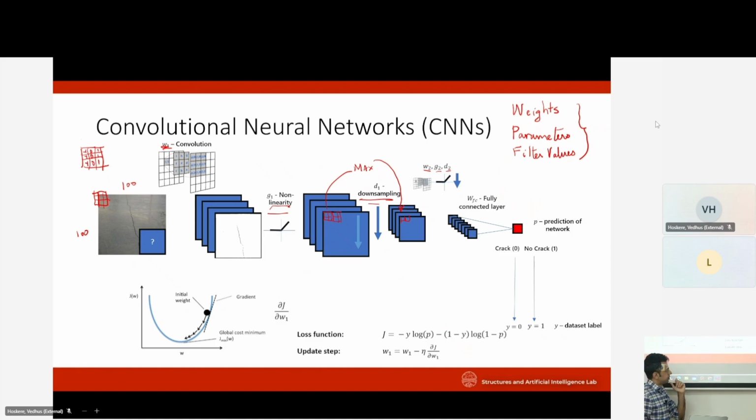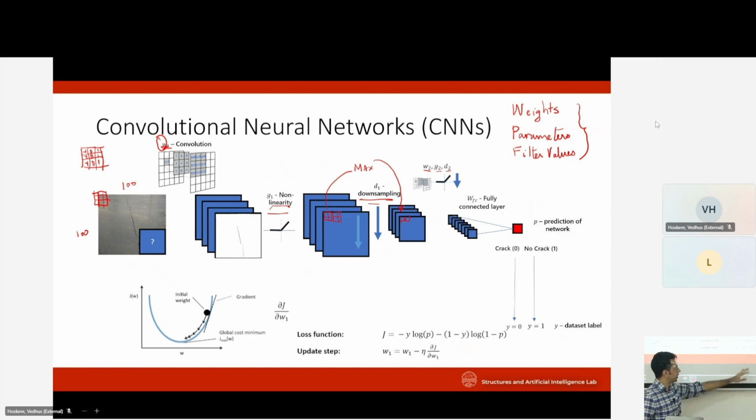Now, this function, I've written it here plainly, but you can see that the loss function we're computing somewhere here, but W1 is all the way here, right? And the relationship between J and W1 is a result of this nonlinearity, more convolutions, downsampling, all of those things.